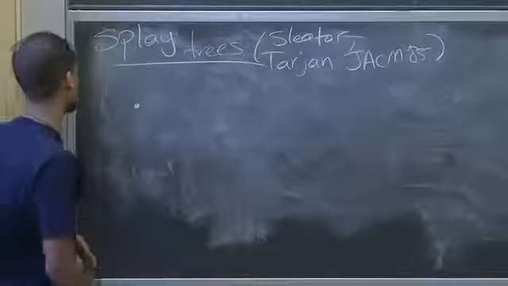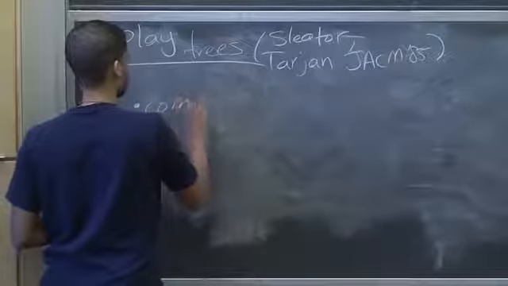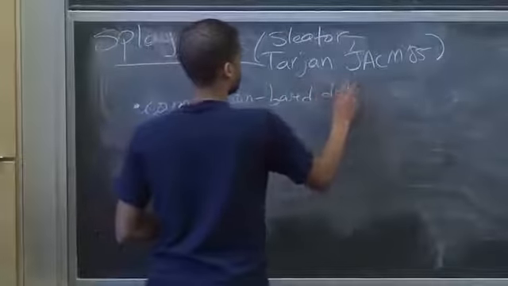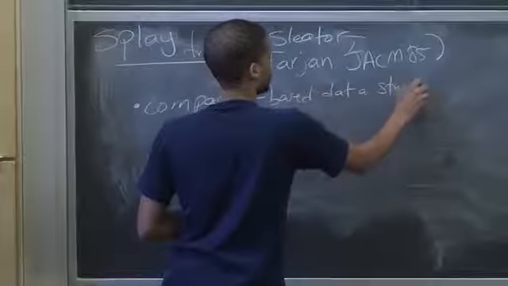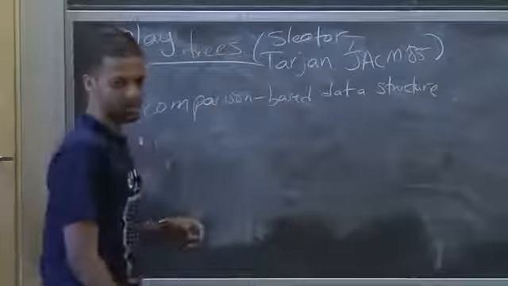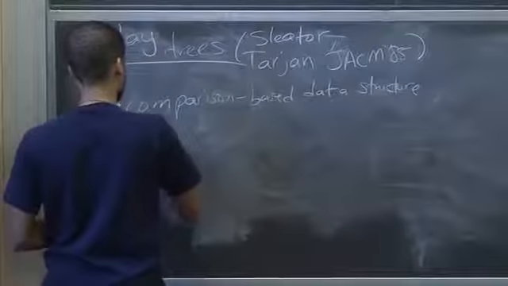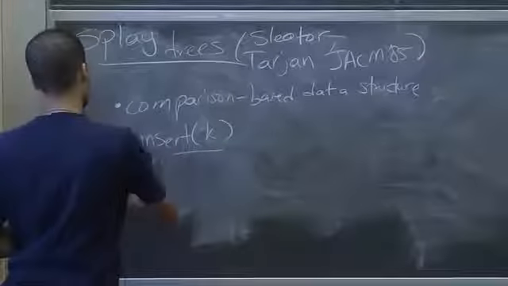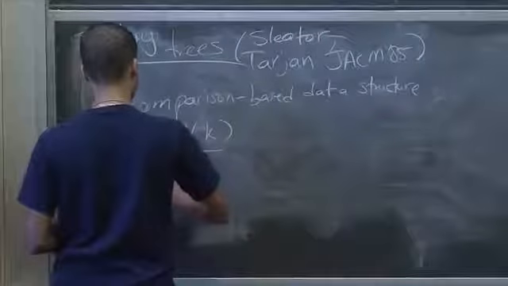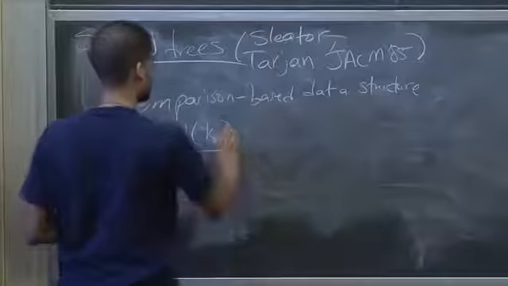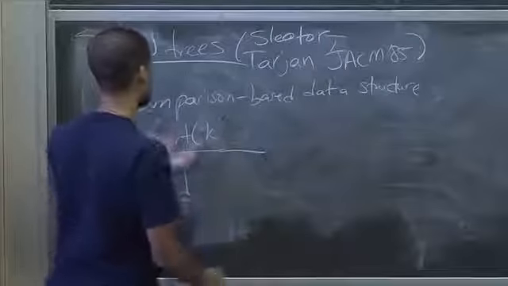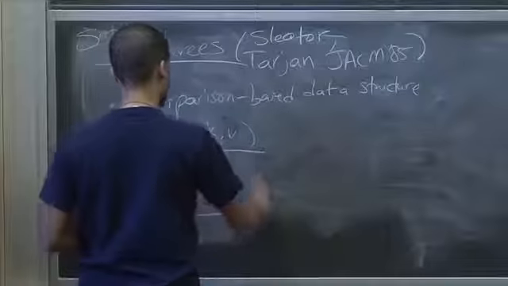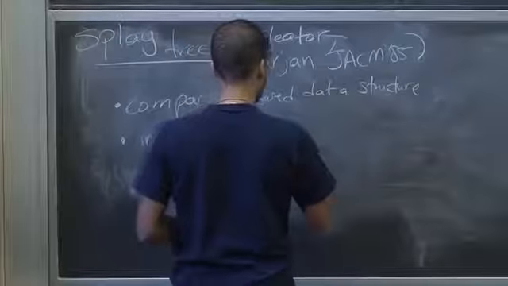And in this problem, it's a comparison-based data structure. And we support two operations. We support insert: insert a key K, as well as find. So let's say, insert an item, which is a key together with a value, and find with a key returns the associated value.